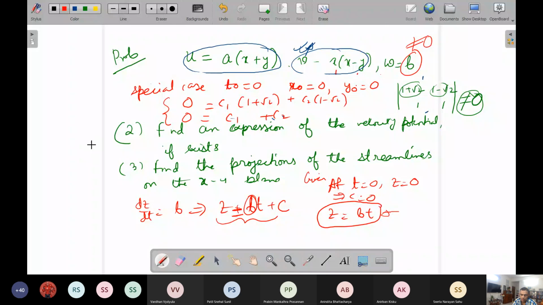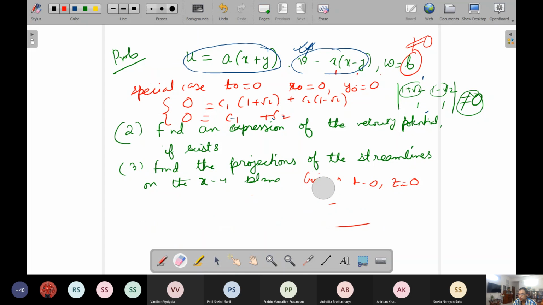Now let us enter into the second part of the second question. First of all, we have to see whether the velocity potential exists or not. How will we know whether it exists?